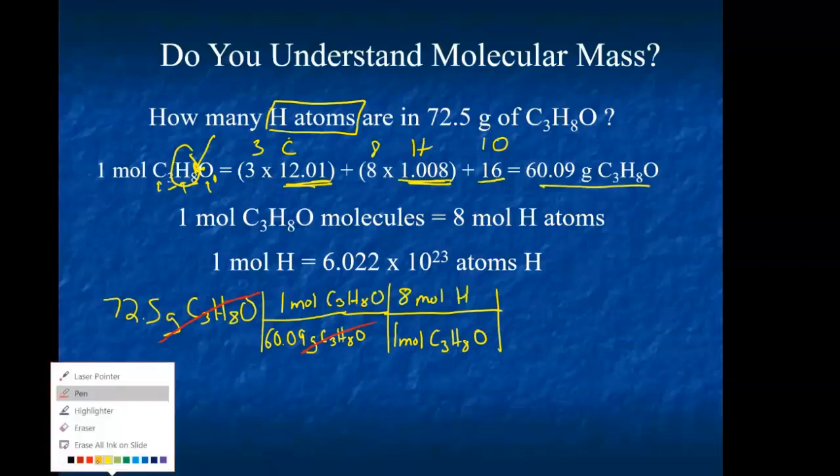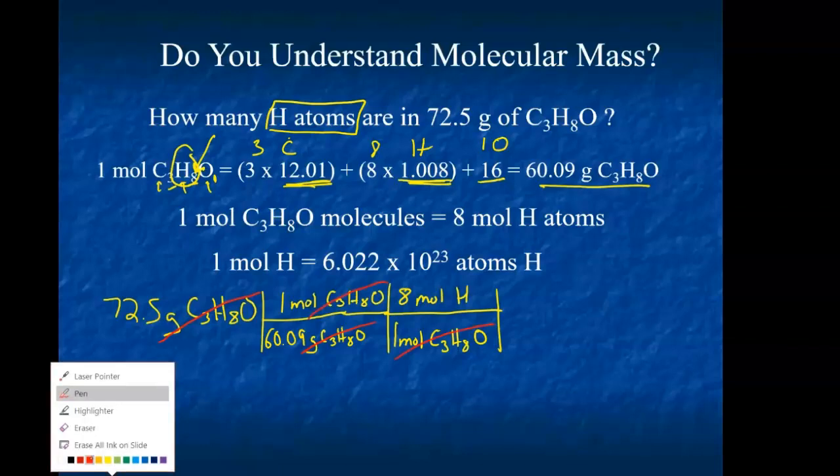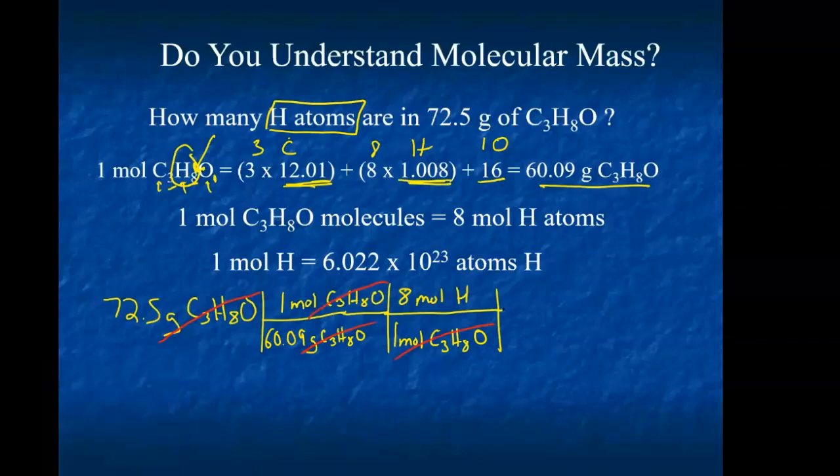Now I'm at moles of hydrogen, but they asked for atoms, so I have to keep going. Remember, whenever we see the word atoms, we think Avogadro's number. 1 mole of H, 6.02 times 10 to the 23rd atoms of H.